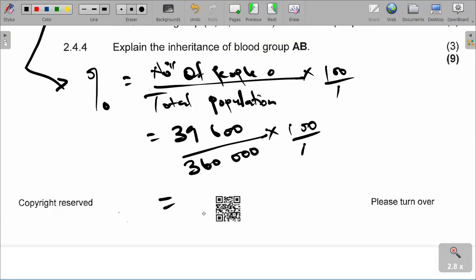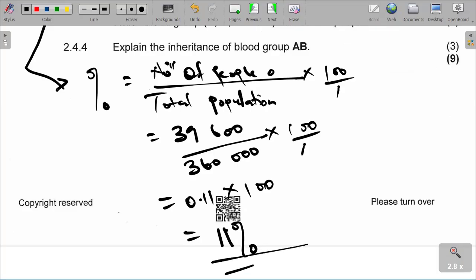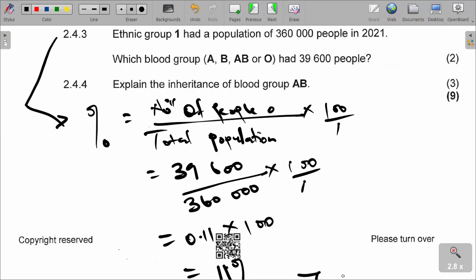This is going to give us 0.11 multiplied by 100, which is going to give us 11%.